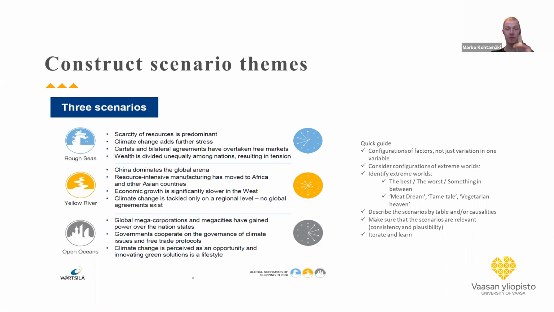The rough seas would mean scarcity of resources becoming predominant, climate change adding further stress, bilateral agreements and cartels overtaking free markets, and wealth being divided very unequally among nations, resulting in global tensions between nations.